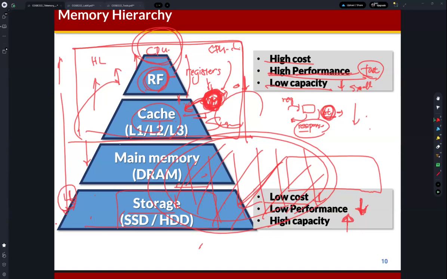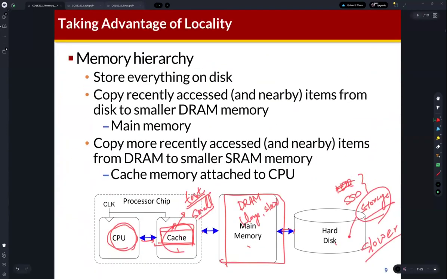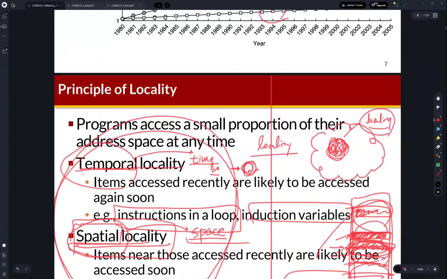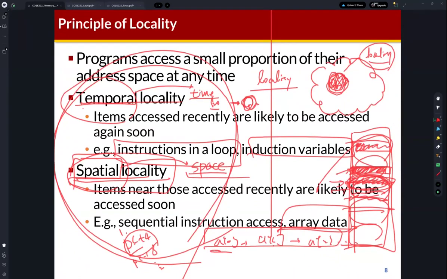So why can we use a memory hierarchy? It is because our applications exhibit strong data locality. There are two kinds of localities, the temporal locality and spatial locality.